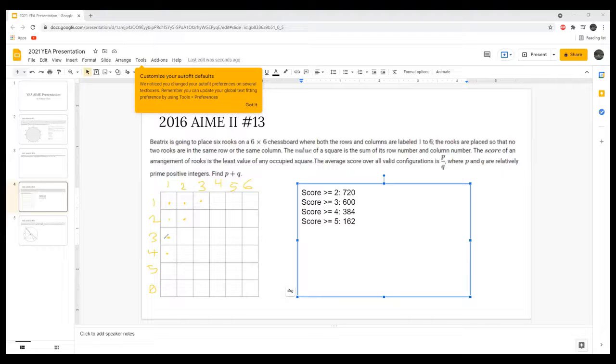Why don't I just place the rooks column by column instead? Well, I could, right? But I want to do row and then column because they're symmetric. There's symmetry across this axis on this side.